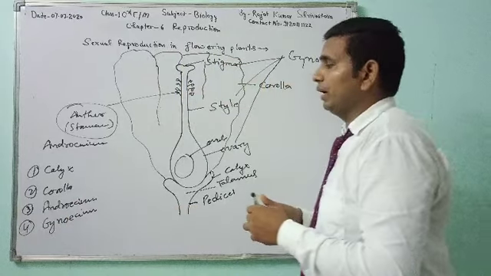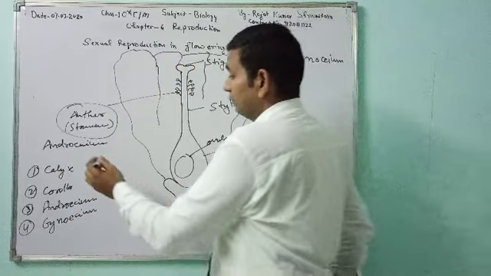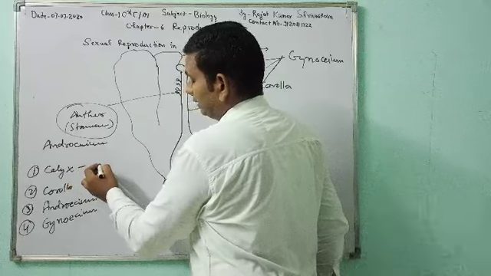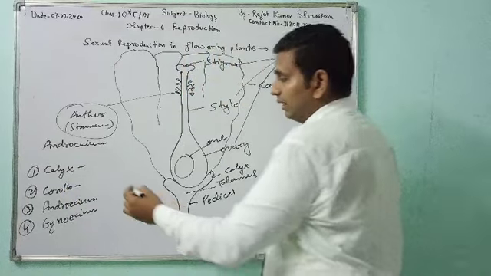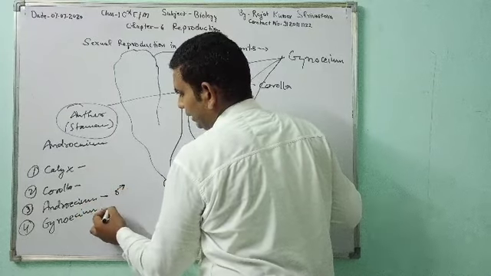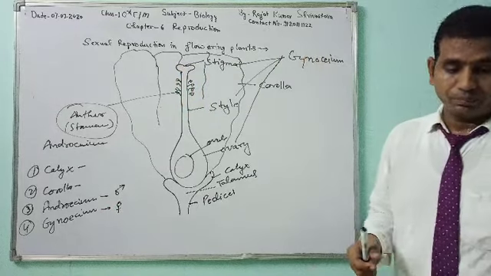The calyx is the green leafy structure below the flower, and the colored portion of the flower is called corolla. Androecium is the male sex organ and gynoecium is the female sex organ.